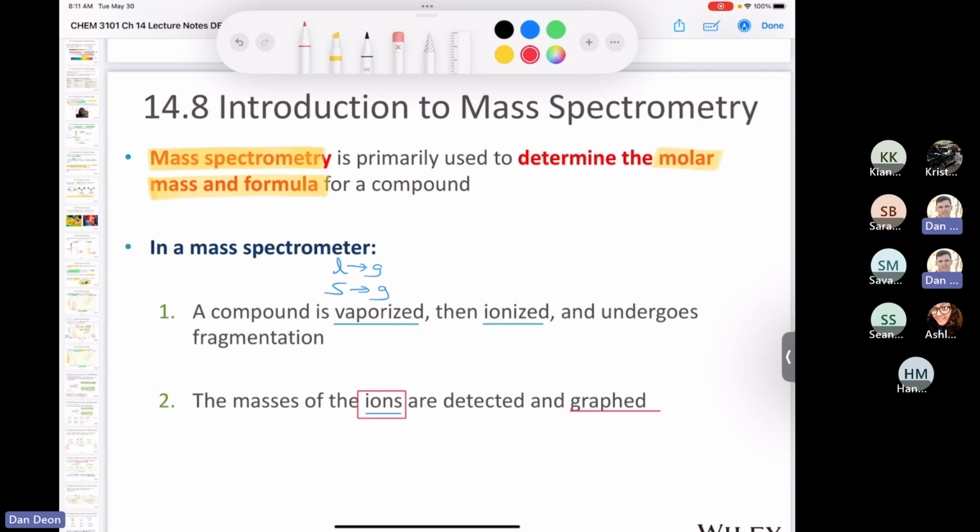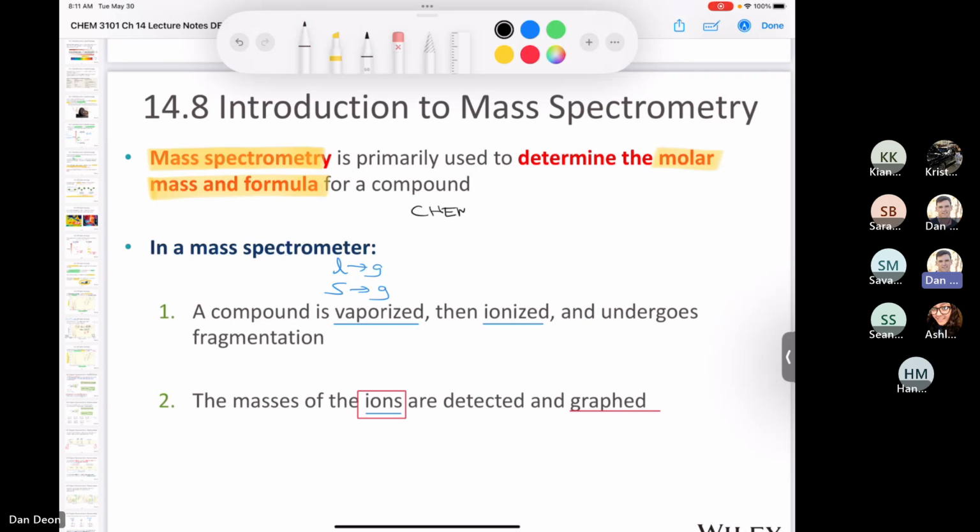Now, another thing is if you've read the entire chapter from soup to nuts, and I always have students who do that, you'll see that there's a section which is 14.13. We skipped that section, and that deals with high resolution mass spectrometry. And that's where we look at the masses of the elements and we give them all kinds of decimal places, all kinds of sig figs. However, what we cover in Chemistry 3101, I'm going to write it down here for you.